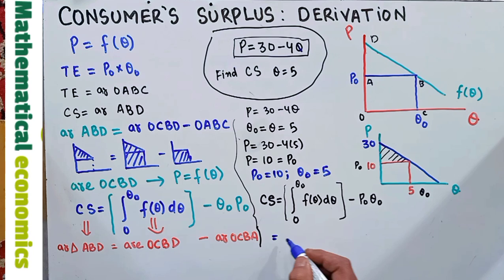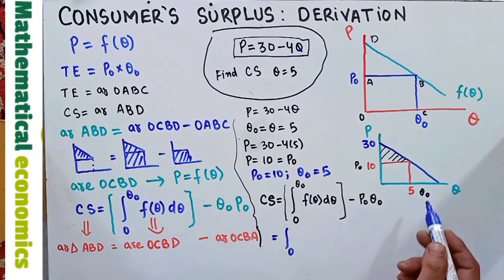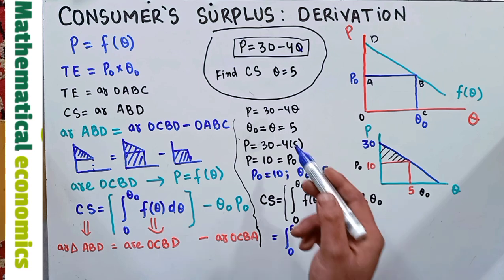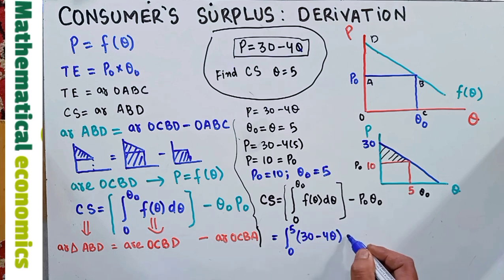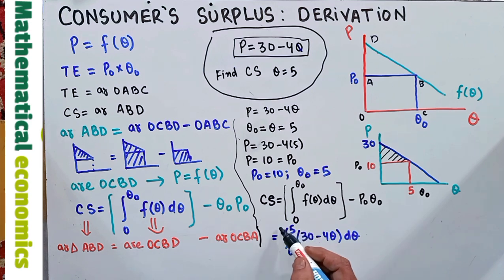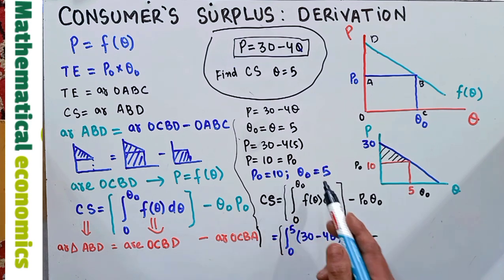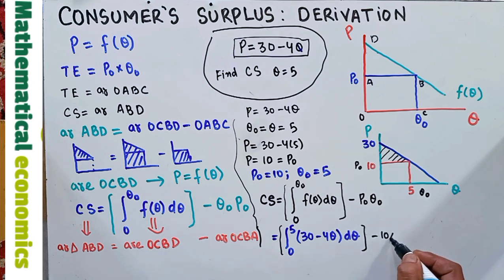And here we have to take the definite integral from 0 to quantity demanded, which is 5, and we integrate this demand function, that is 30 minus 4Q, with respect to Q. From this we subtract the total expenditure, that is P naught times Q naught, that is 10 into 5.